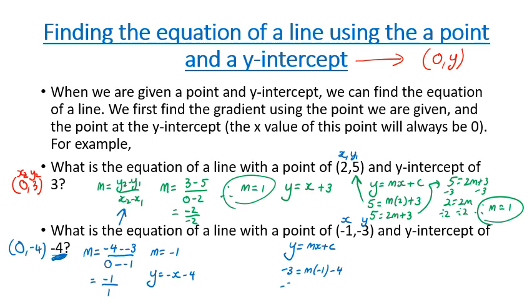So this becomes -3 equaling negative m take 4. If I plus 4 to both sides, I end up with 1 equaling -m. Divide by -1, I end up with -1 equaling m.